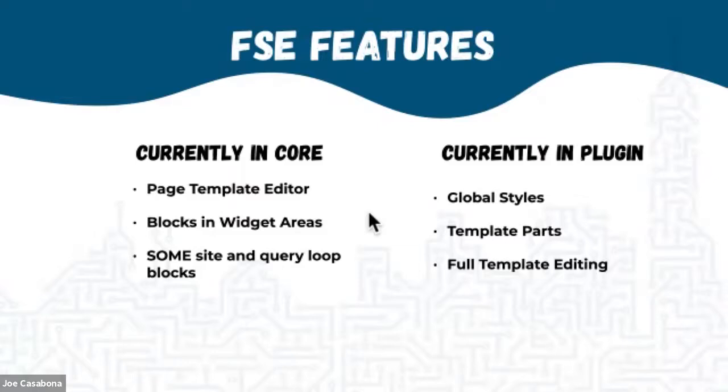So the way the query loop block works is you can essentially list a bunch of blog posts, for example, and then determine how they're laid out. Show the title, the date, the featured image, the excerpt, however you want, which I think is kind of like the linchpin of full site editing for some, right?